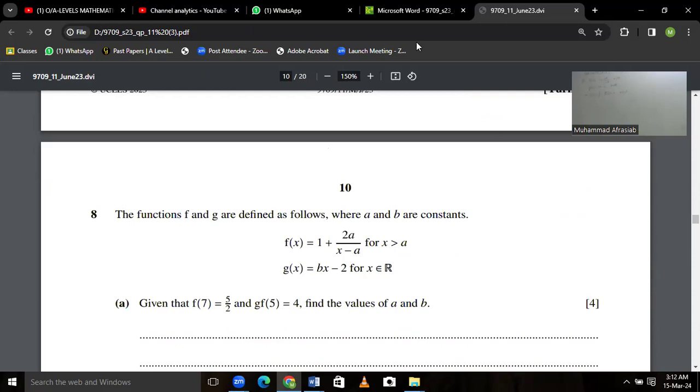So we are going to use the two conditions they have given: f of 7 is equal to 5 by 2 and g f of 5 is equal to 4. So f of 7 is equal to 1 plus 2a over 7 minus a.